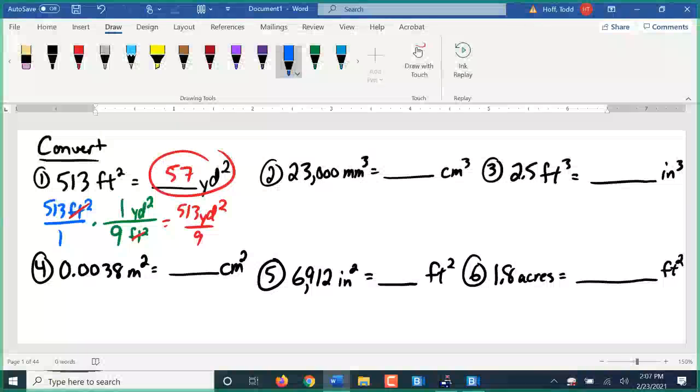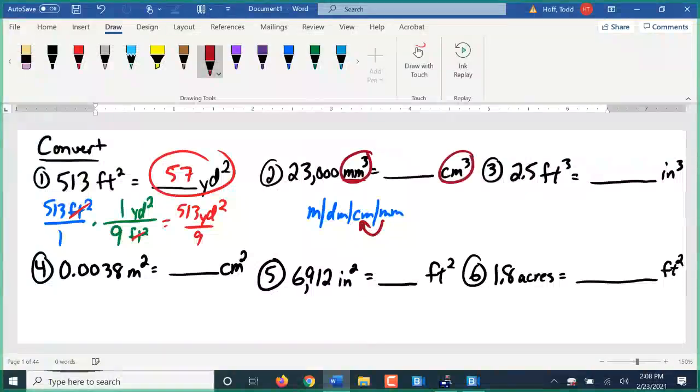For number 2 here, doing the metric, just have to remember we got meters, decimeters, centimeters, and millimeters. Here we are going from millimeters to centimeters, which is only 1 spot to the left on our chart. But it's not millimeters and centimeters, it's millimeters cubed and centimeters cubed, which means every spot on the chart is multiplying or dividing by 1,000.